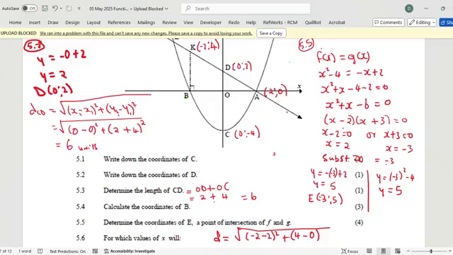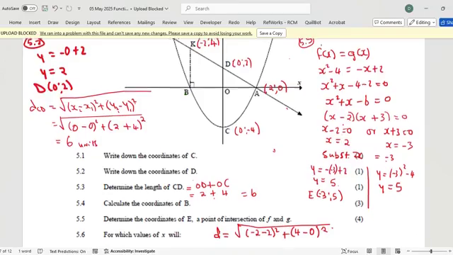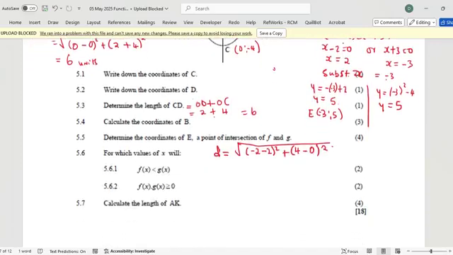I forgot to put squared there, sorry for that. 4 squared is 16, 4 squared is 16, 16 plus 16 is 32. The square root of 32 will be 4 square root of 2. How much do we get? 4 square root of 2. That is the length of AK.